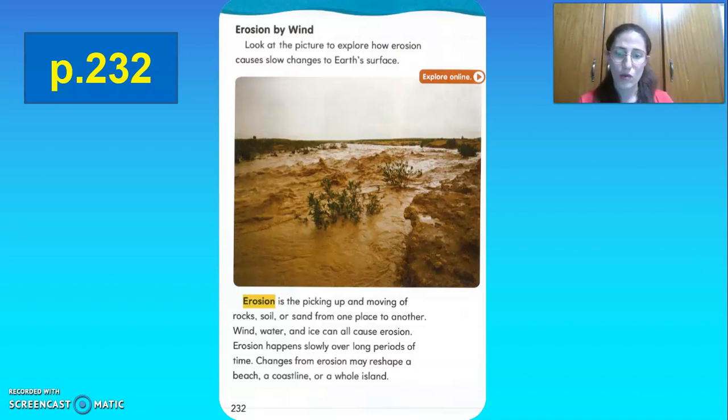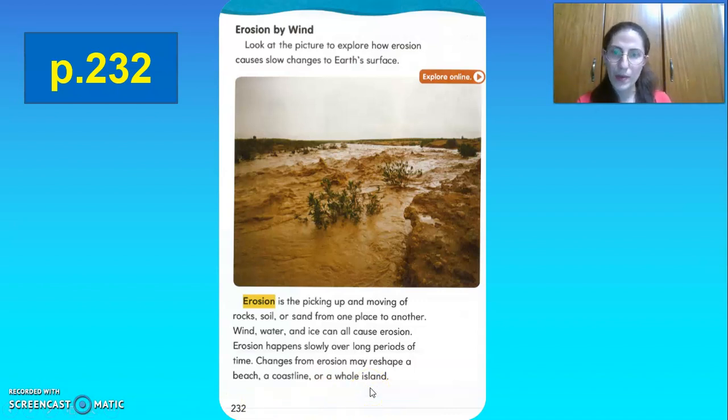Does erosion happen quickly like an earthquake? No, it needs a lot of time. Year after year, whenever the water is moving the soil from one place to another, what happens? All of the soil will be moved from one place to another, causing a change to the shape of a beach or a coastline or a whole island.